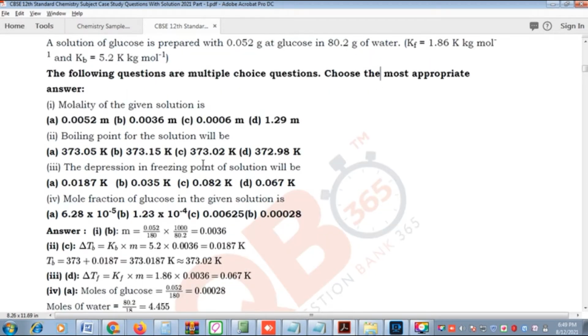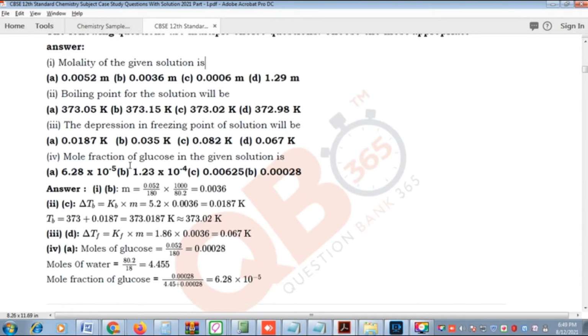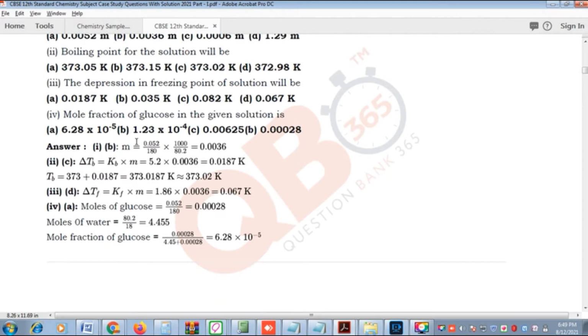Let's look at it. What is the molality of the given solution? They are giving 4 different options, followed by the second, third and fourth questions based on the above passage. We provide the detailed solution with explanation for each and every section.